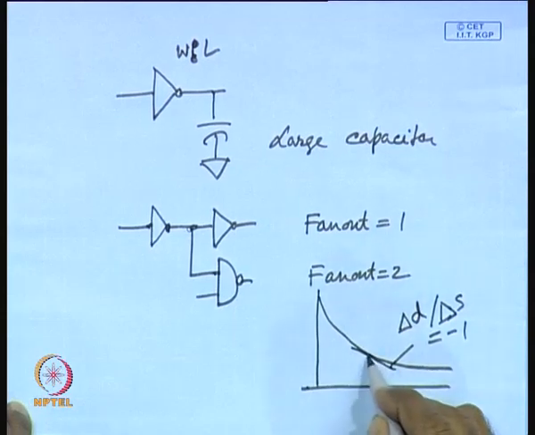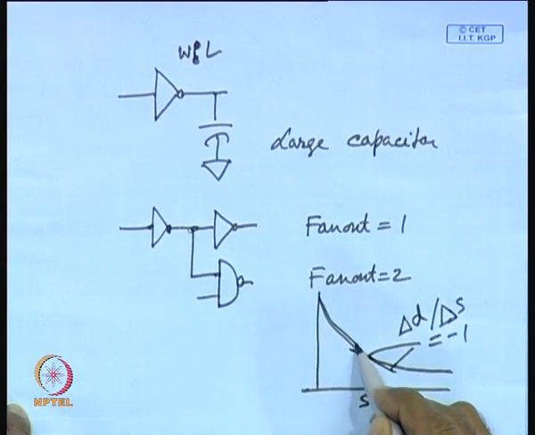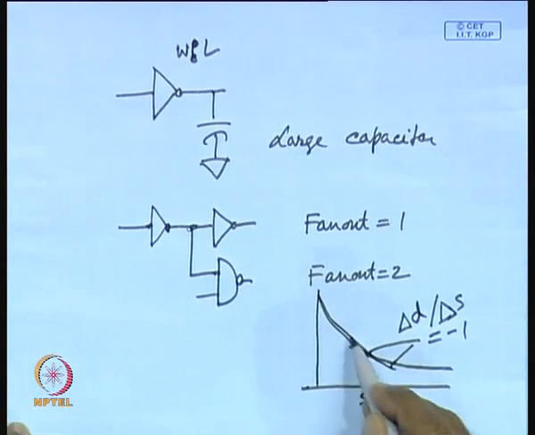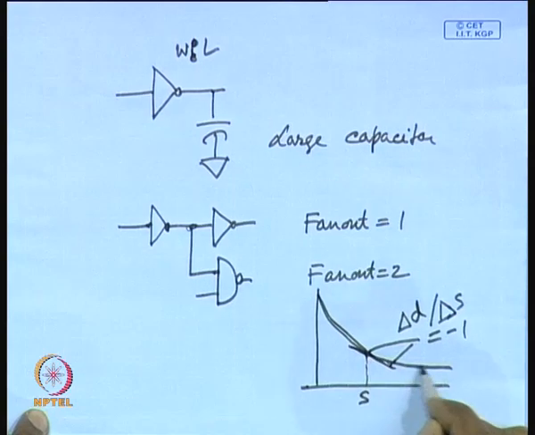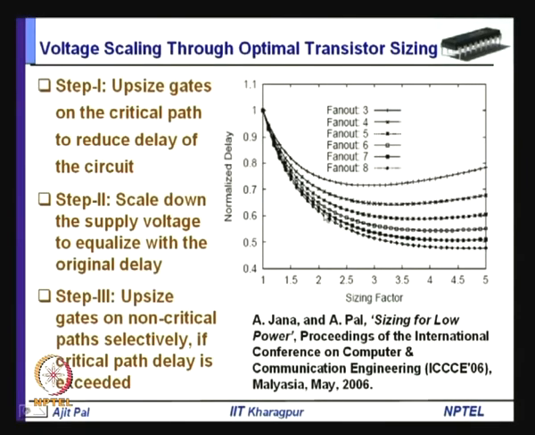We find out this particular point where it is -1, and this is the optimum sizing factor. Up to this point it reduces more sharply, and after that reduction is not much. As you can see, it more or less saturates. So, the delta D by delta S point we find out depending on the fan out, and the transistors can be sized by that ratio.